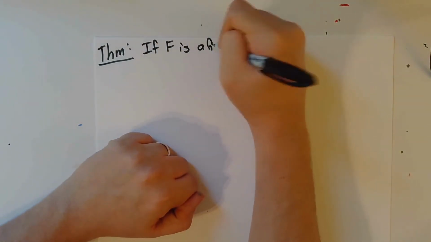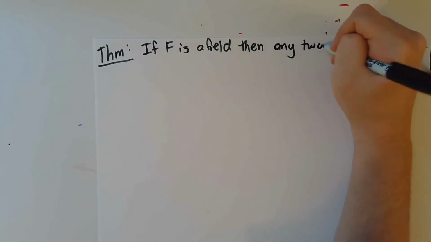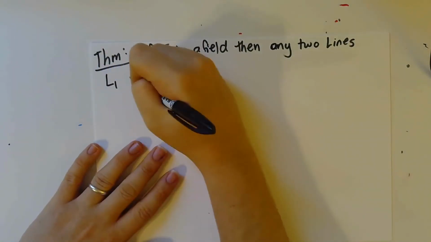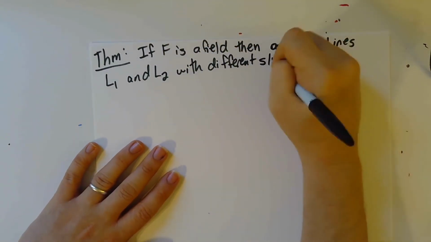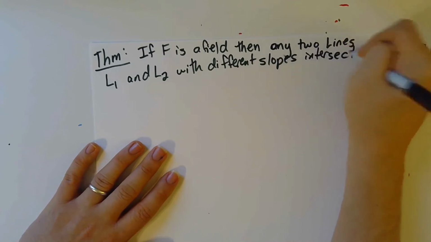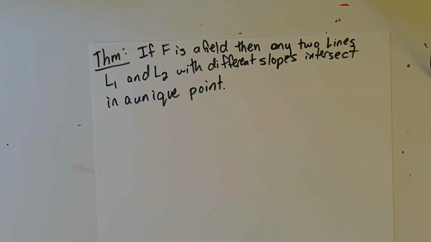So if F is a field, then any two lines, L1 and L2, with different slopes, intersect in a unique point.